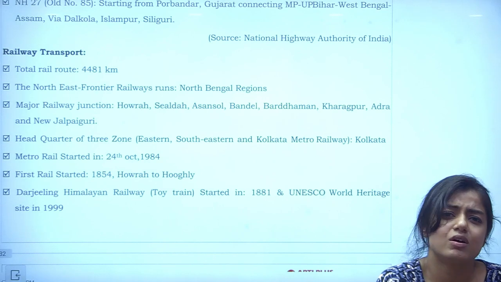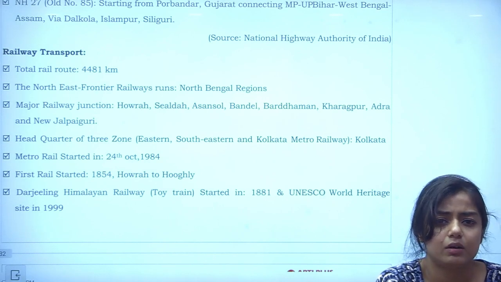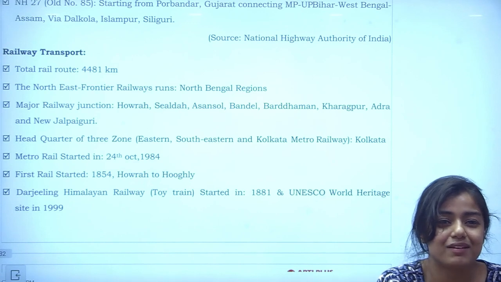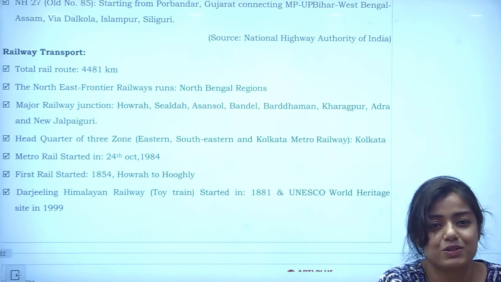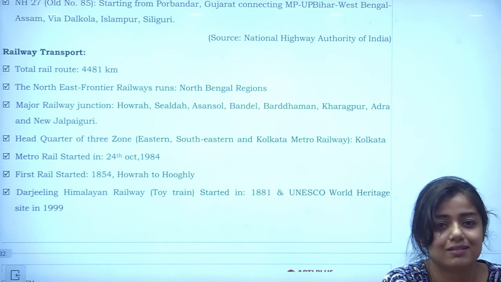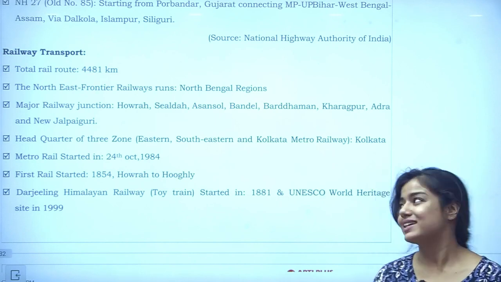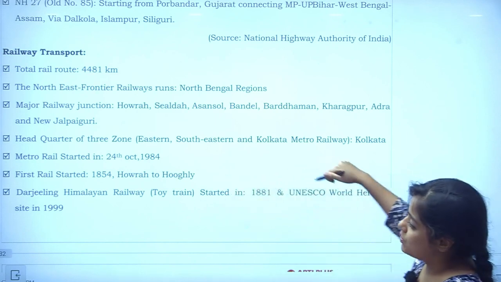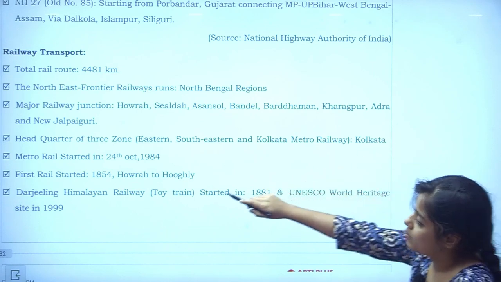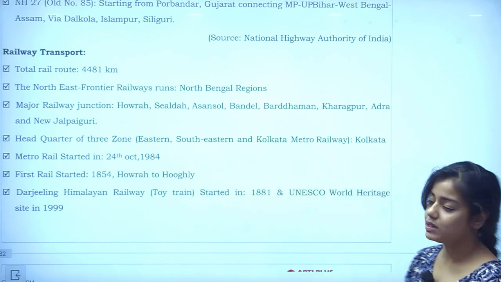This is actually sad on our part, but we still have that information to proudly tell everyone that the metro started from our state and our city, Kolkata. The first rail started from Howrah to Hooghly. I guess everyone is aware of this.